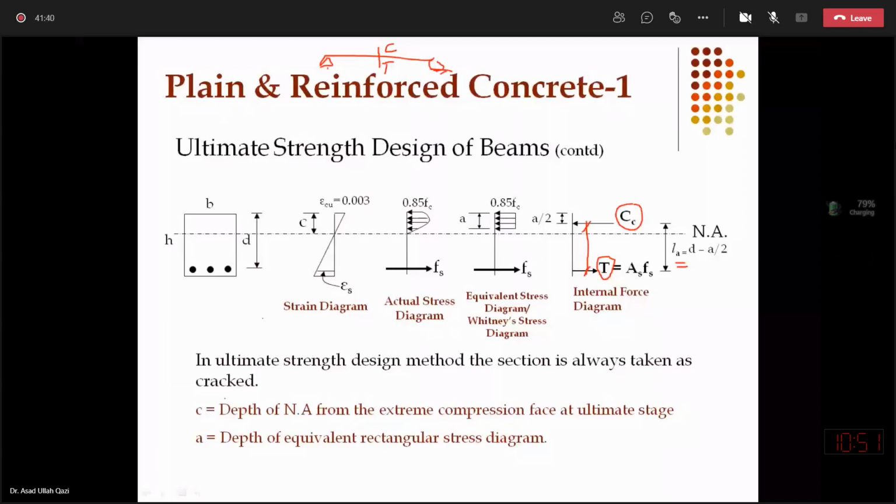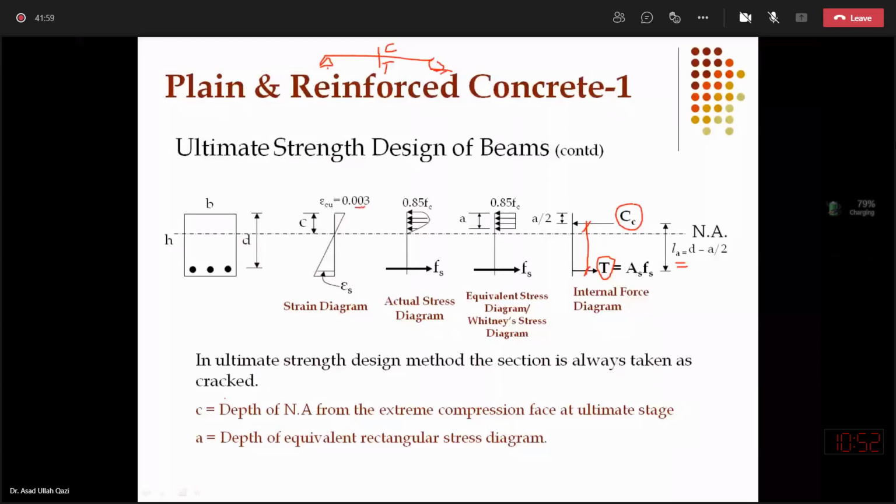ACI has given us the assumption that the failure strain, the maximum strain concrete can experience in the top fiber, which will be strained to the maximum on the compression side, is 0.003.